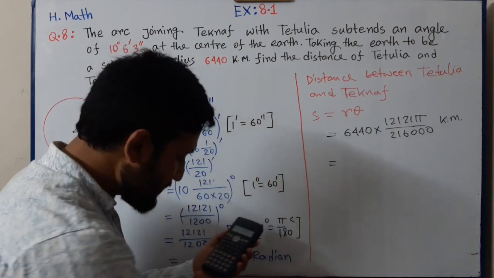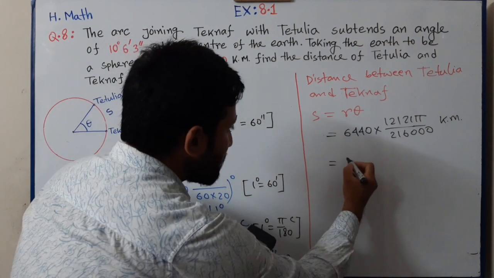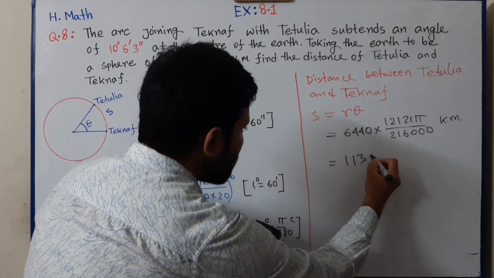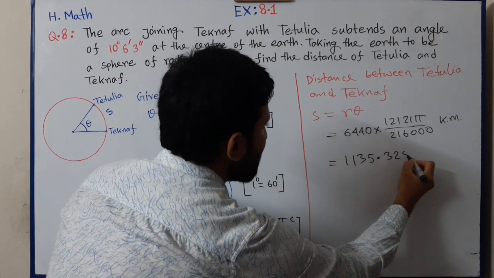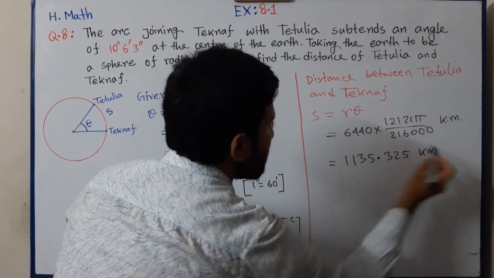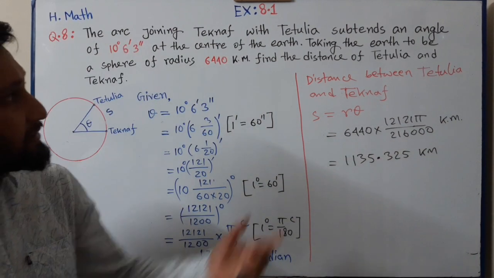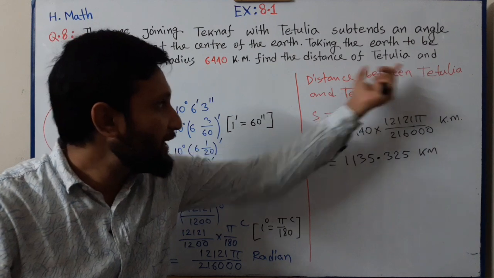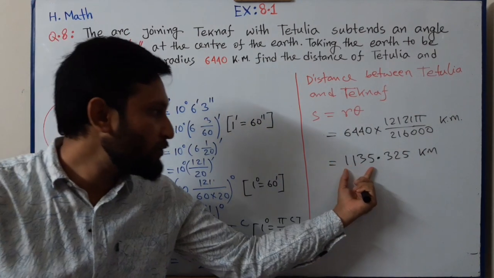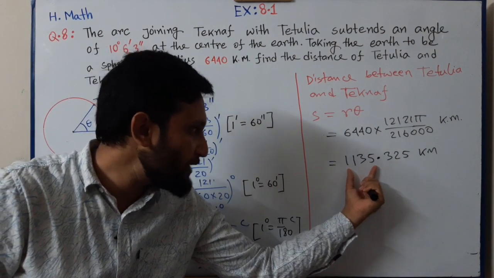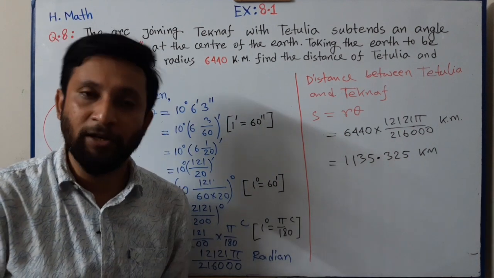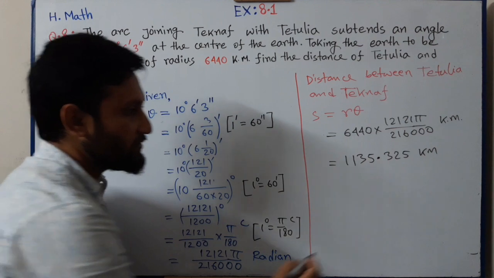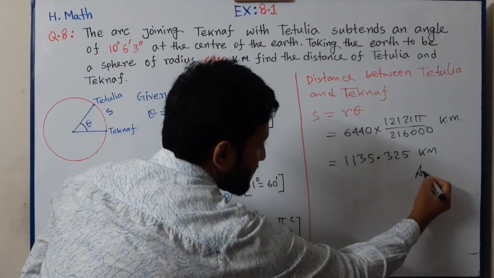So the answer is 1135.325 kilometers. That means the distance between Tetulia and Teknaf is 1135.325 kilometers. I hope everybody is clear. This is our required answer.